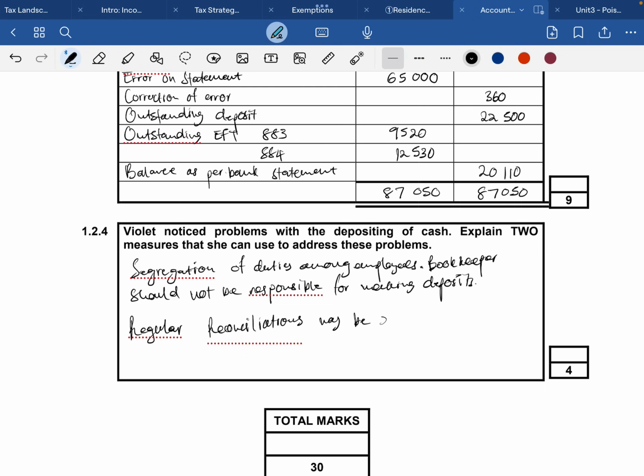They may be done to detect fraud or any theft of cash. You could say detect or even prevent any theft of cash.